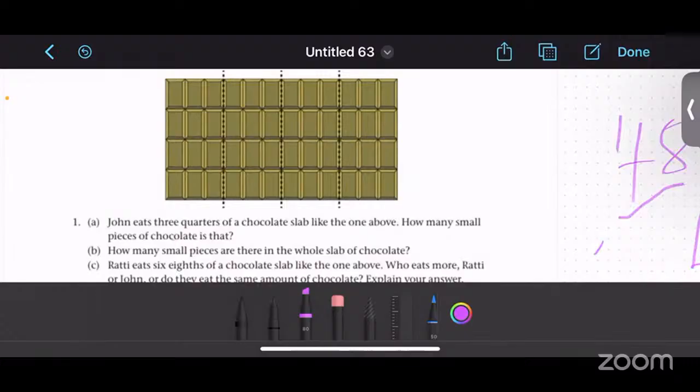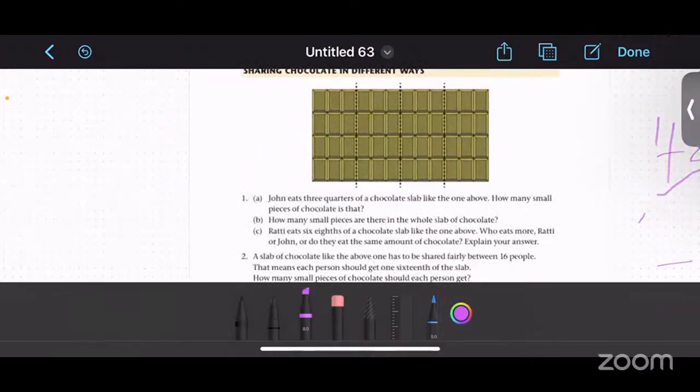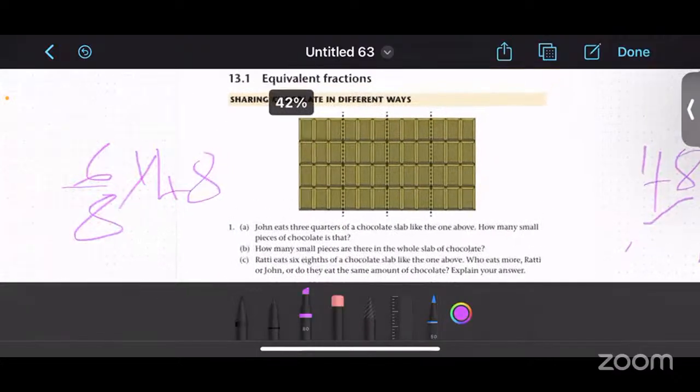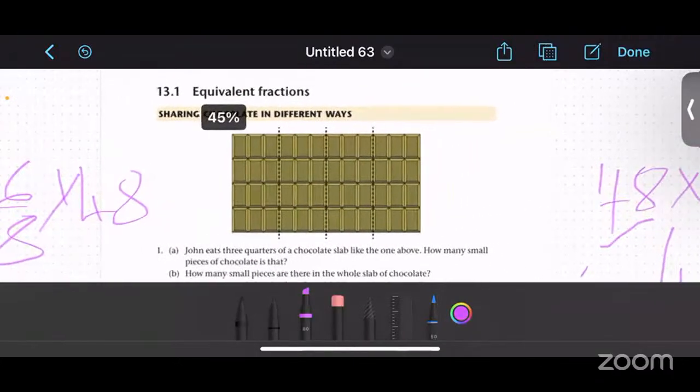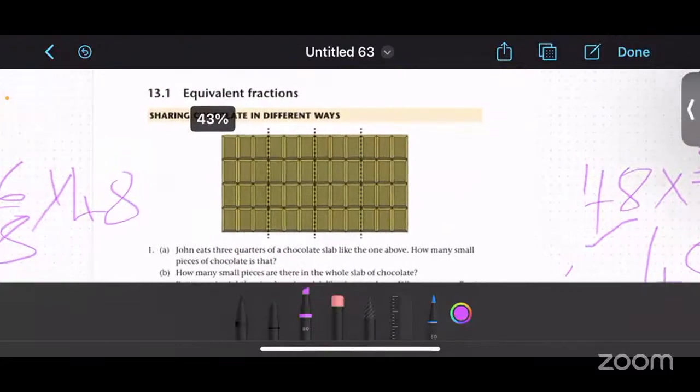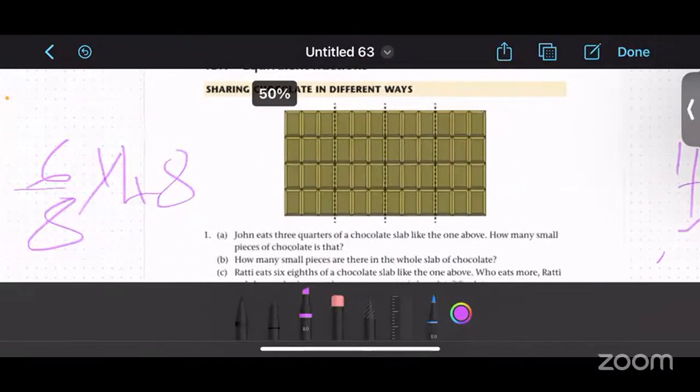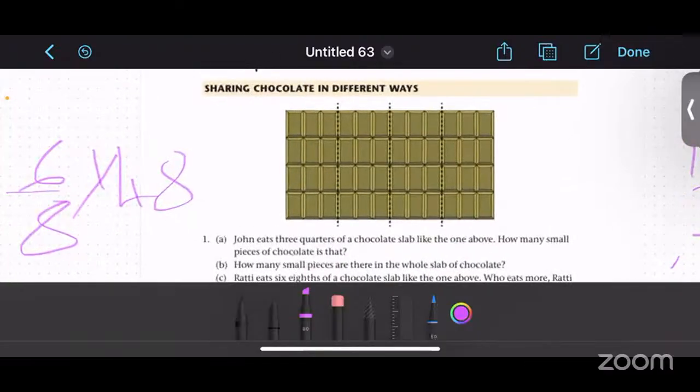What is 6 eighths? So basically, it's 6/8, right? So you're going to multiply with 48. And if you don't get 24, because if it's shared between two people, that means the equal would be, if they were to share the chocolate equally, 24 and 24, which is 48.